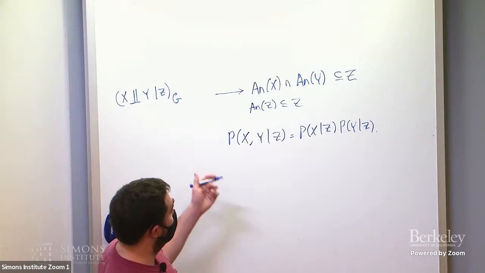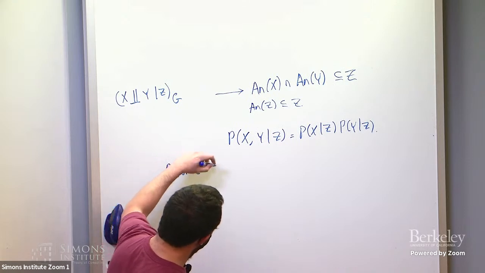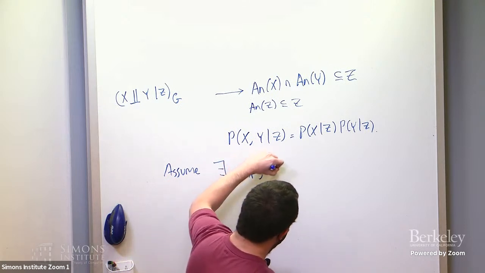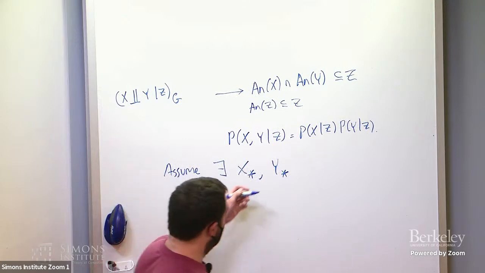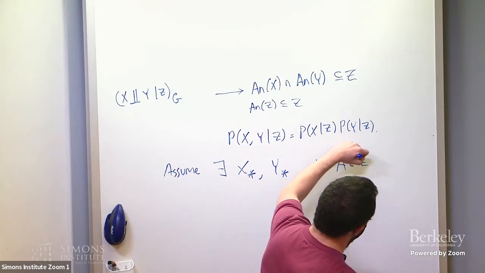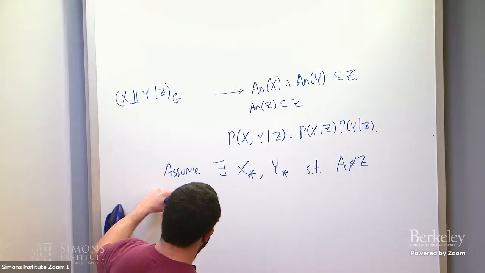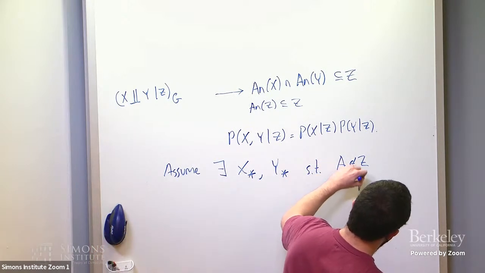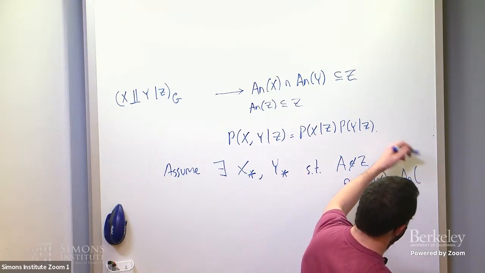So assume, for the sake of contradiction, that there existed X star, Y star in X and Y respectively, such that some vertex A not in Z was a common ancestor of X and Y. Yes.